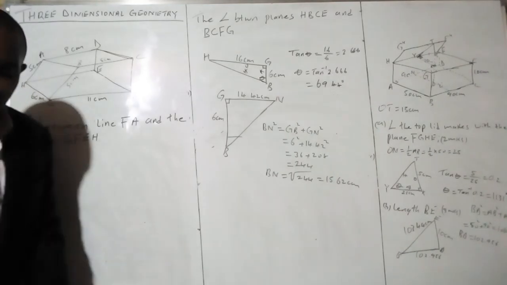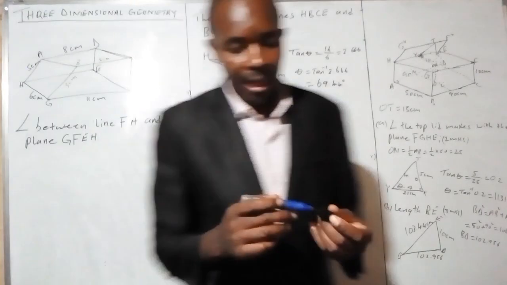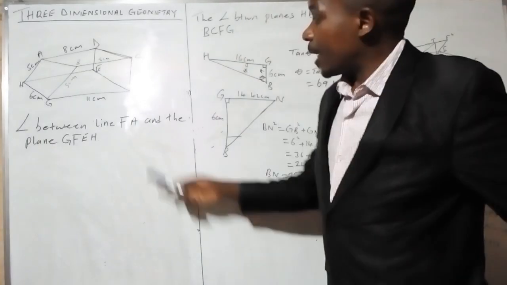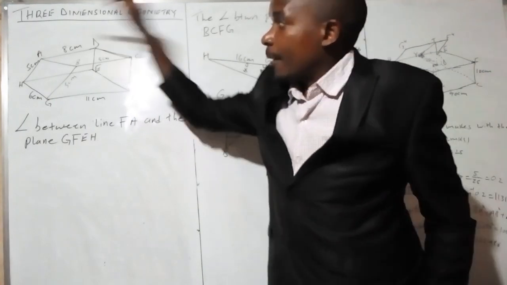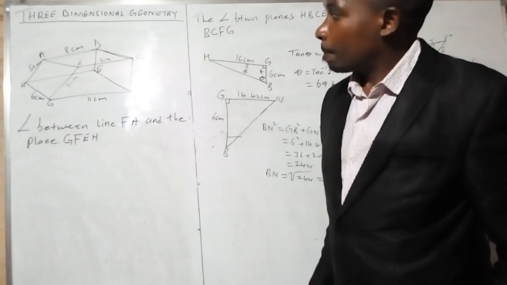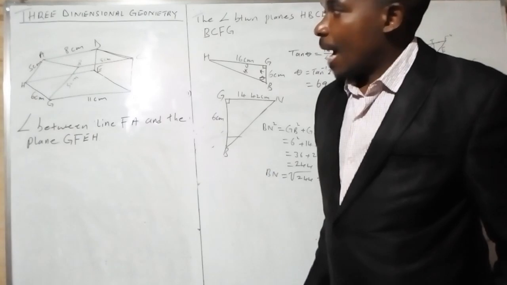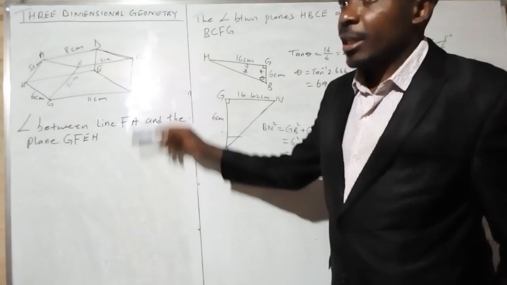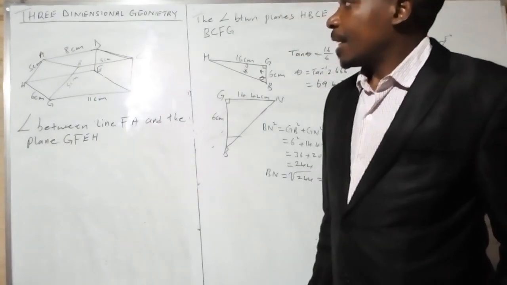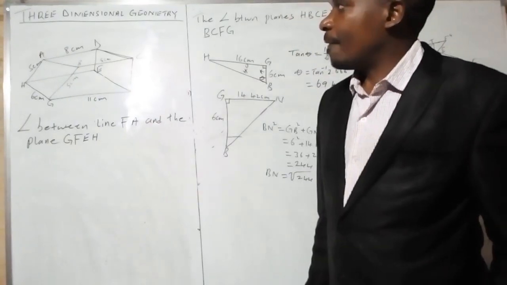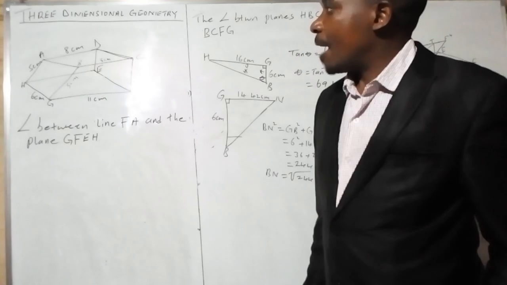Yeah, our concept has to apply. Line, where is line FA? Line FA, we have F to A. That being the case, assume you tie a rope between F and A, and the sun ray is vertically above AF or FA.